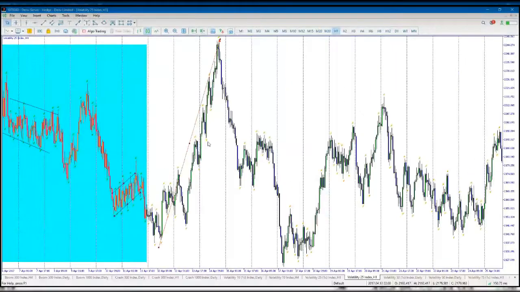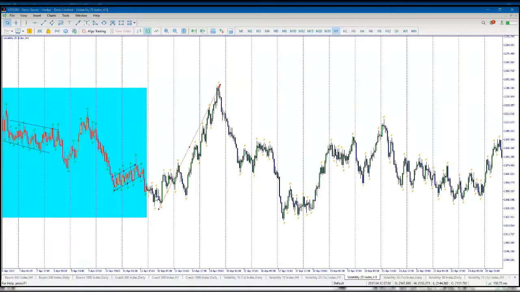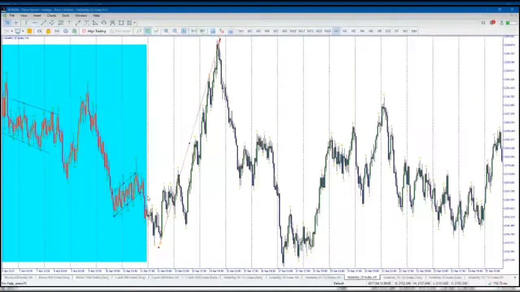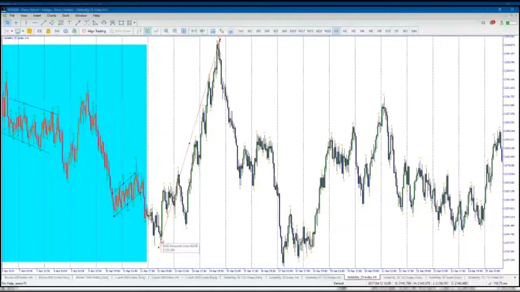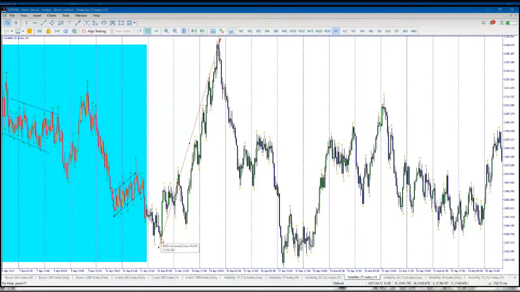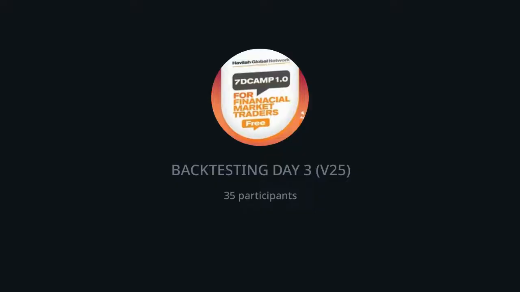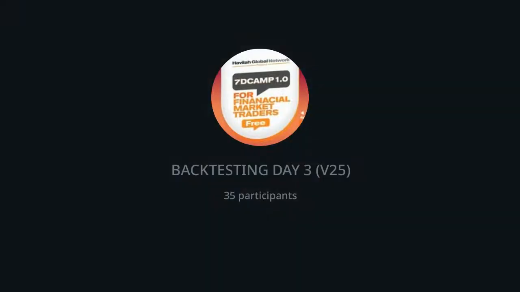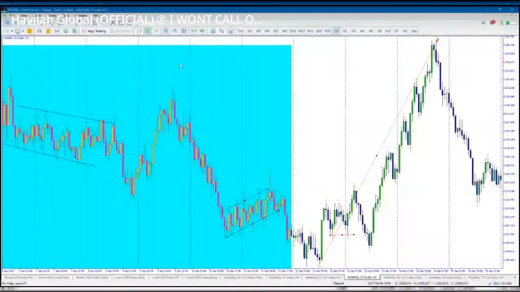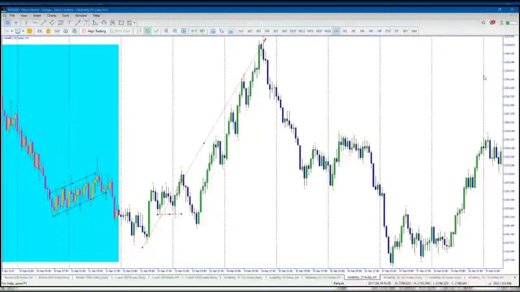Price, after the whole jagged movement from here, let's see what happened here. There was a kind of sweep here. High, low, high, and then liquidity plus imbalance.